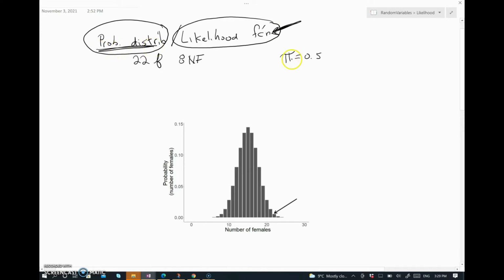So what we're going to do is have a null hypothesis, and our null hypothesis is that pi is equal to 0.5. And then we can use our binomial. Here's our binomial.